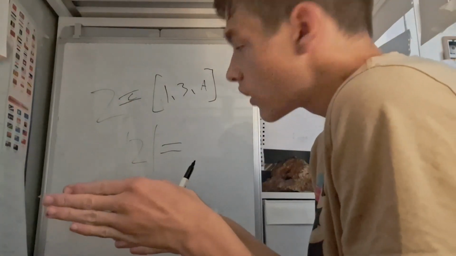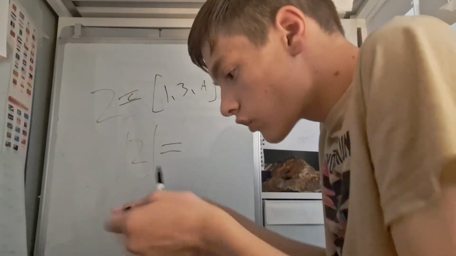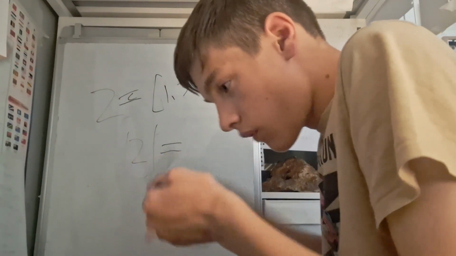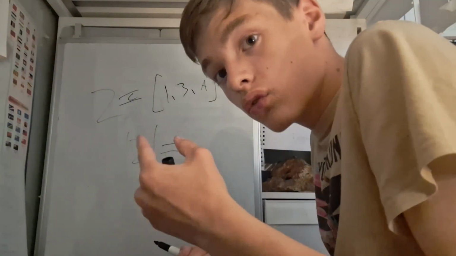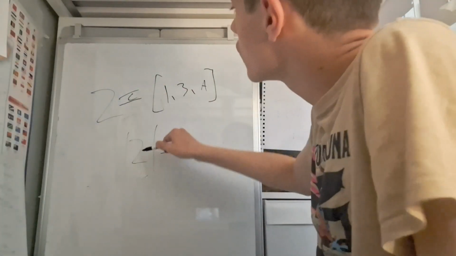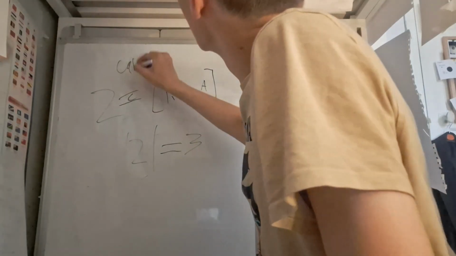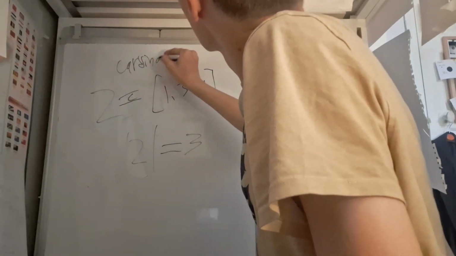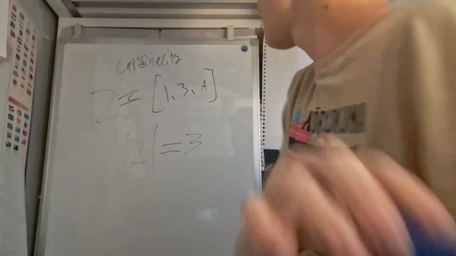You have a box, and that A is also a box, but it's also closed. So you have a box that you open, there's a 1, a 2, and another box. How many things are in there? 1, that's one thing. 2, that's the second thing. And another box, that's 3 things. So the cardinality of Z is 3. Cardinality. I'm pretty sure that's how you spell it.